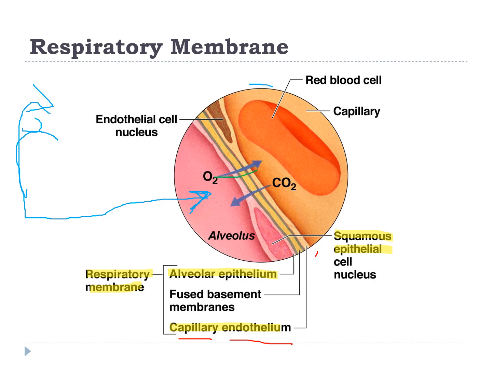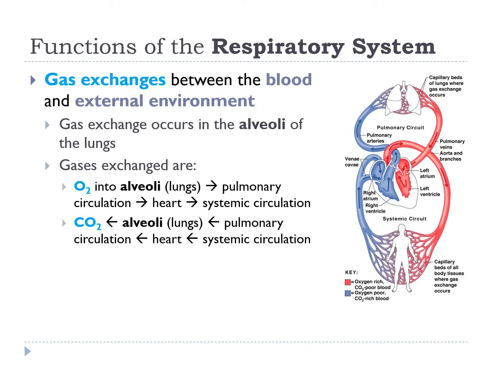So the O2 comes in from the air through the respiratory membrane and is picked up by a red blood cell in the capillary, and the red blood cell donates CO2 back into the alveoli, so that when we exhale, that CO2 is now pushed through the exact same tract up through our bronchioles, through the branches of the bronchi, through the trachea, through the pharynx, out through the nose and mouth. So what are the functions?